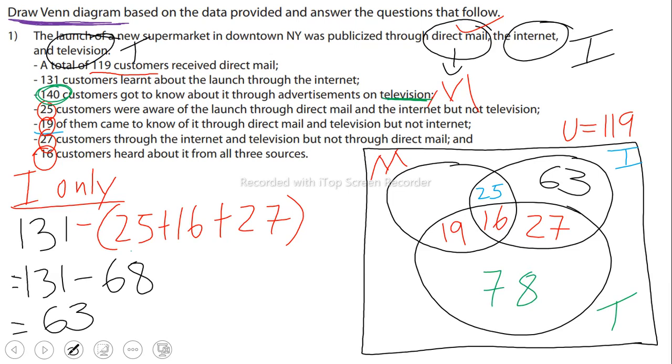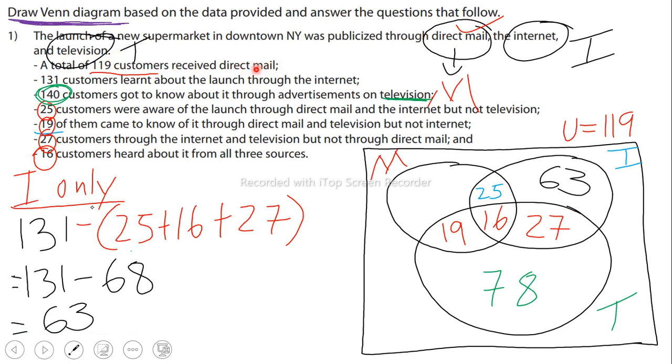Now we need to figure out what is M only. Oh, I figured, right? They said 119 is through direct mail.